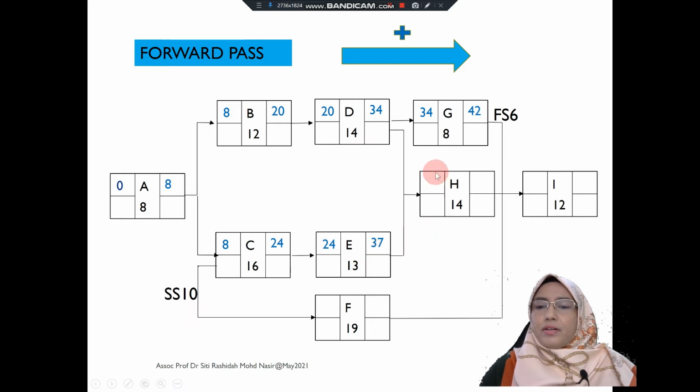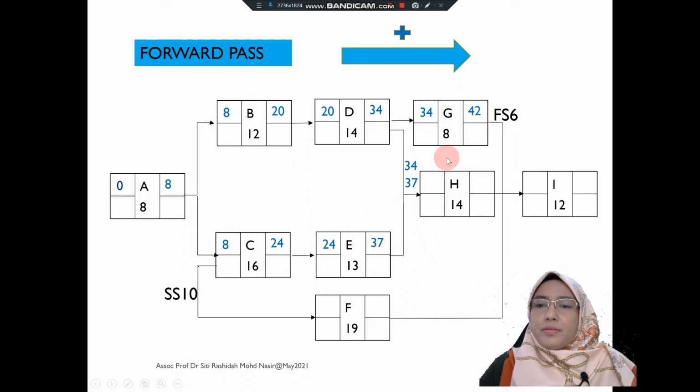And in order for you to determine the early start for activity H, you need to see there are 2 arrows coming into this node. One arrow is from activity D and another arrow is from activity E. So the first arrow, from activity D, is 34, while from activity E is 37.